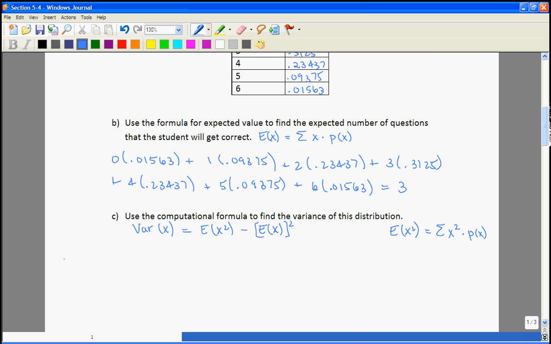So we have 0 squared times its probability, and 1 squared times its probability, 2 squared times its probability, and so on for each value.